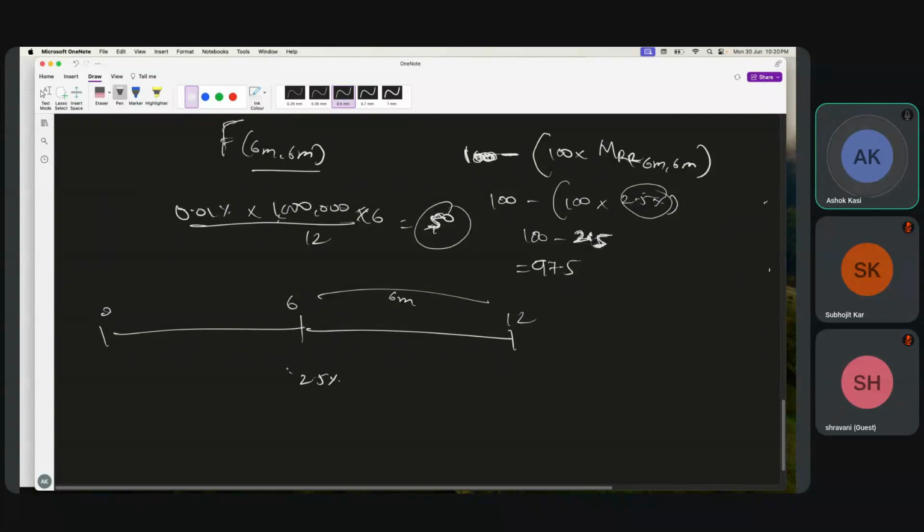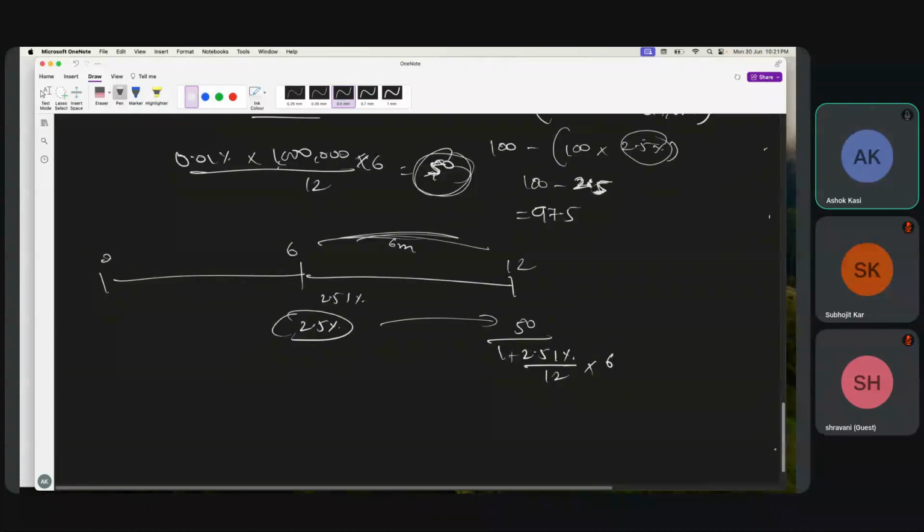Right now it is 2.5 percent. If it goes up to 2.51 percent, 50 rupees you will get as profit, correct? Now if you discount at 2.51 percent, this is for 12 months. We want to discount only for 6 months. Just calculate this and calculate till 4 decimals.